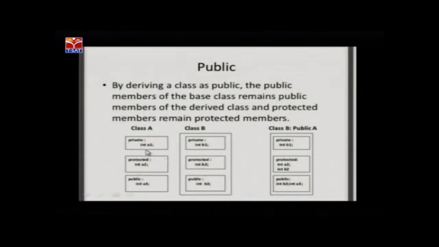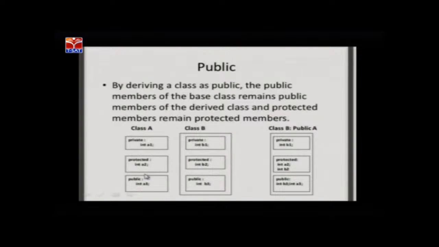In class A there is an integer A1 in private, an integer A2 in protected, and an integer A3 in public. In the same way, class B contains an integer B1 in private, an integer B2 in protected and an integer B3 in public.